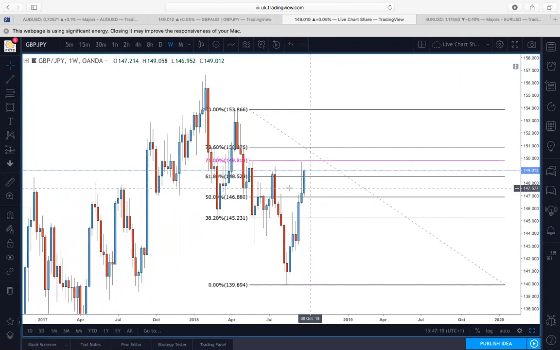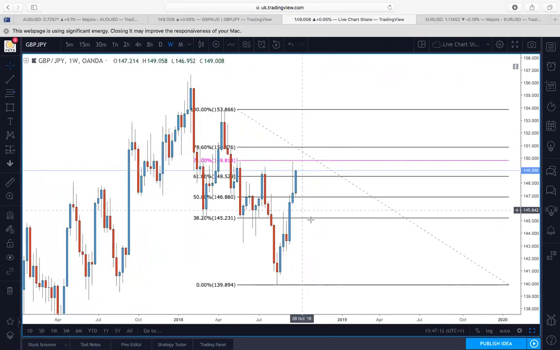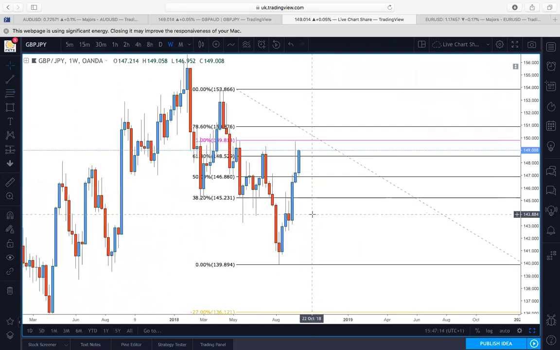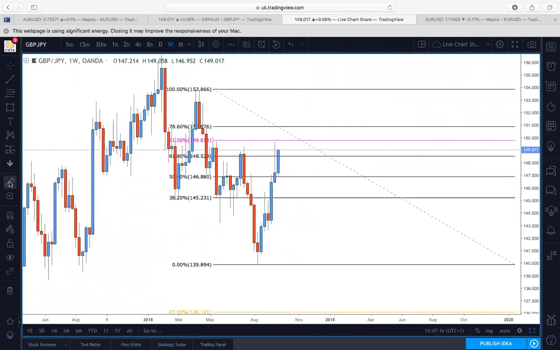Now, it's important to note, and I've said this before, that a pin bar is simply a candlestick where the body is small relative to the size of the wick. The wick should be, and this is an important rule, at least double the size of the body for it to count as a pin bar.